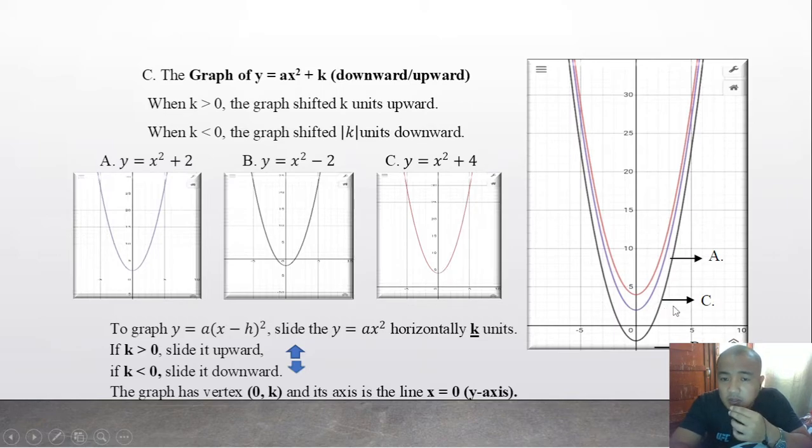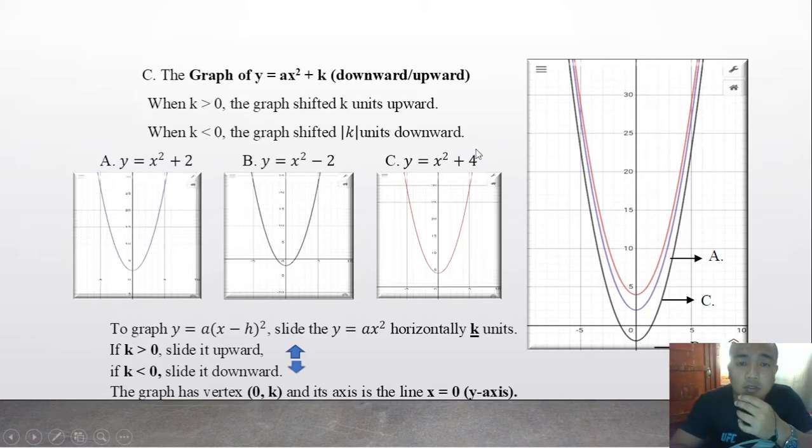Ayan. So comparing the three, we have here letter A, the blue one, shifted 2 units upward. Letter B, the black one, shifted 2 units downward. And letter C, the red one here, shifted 4 units upward.